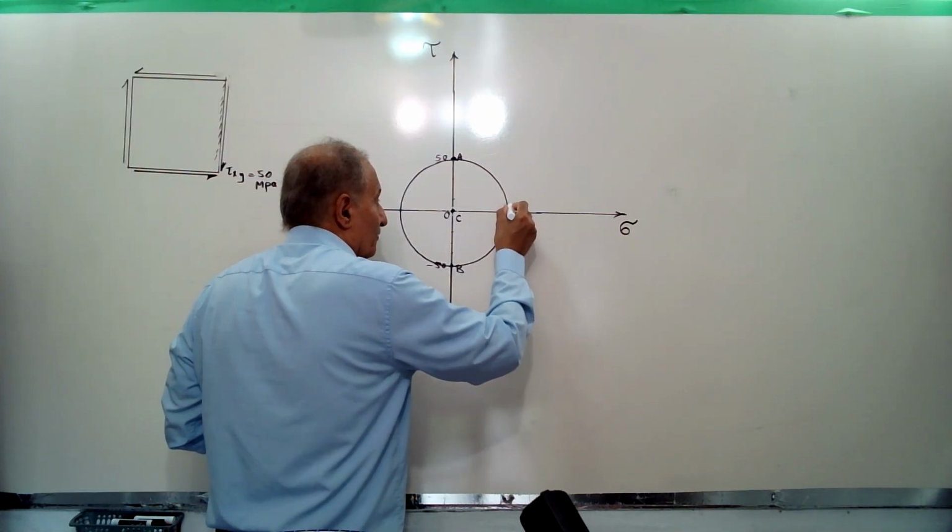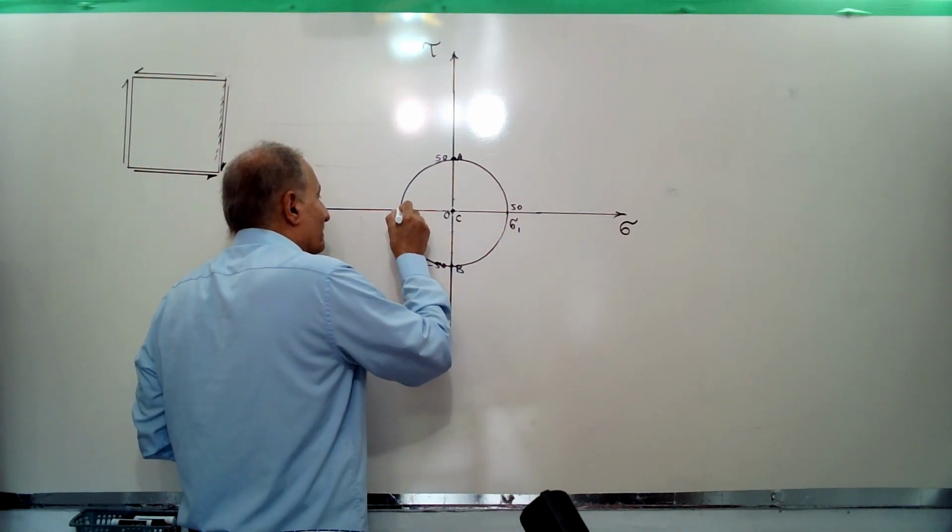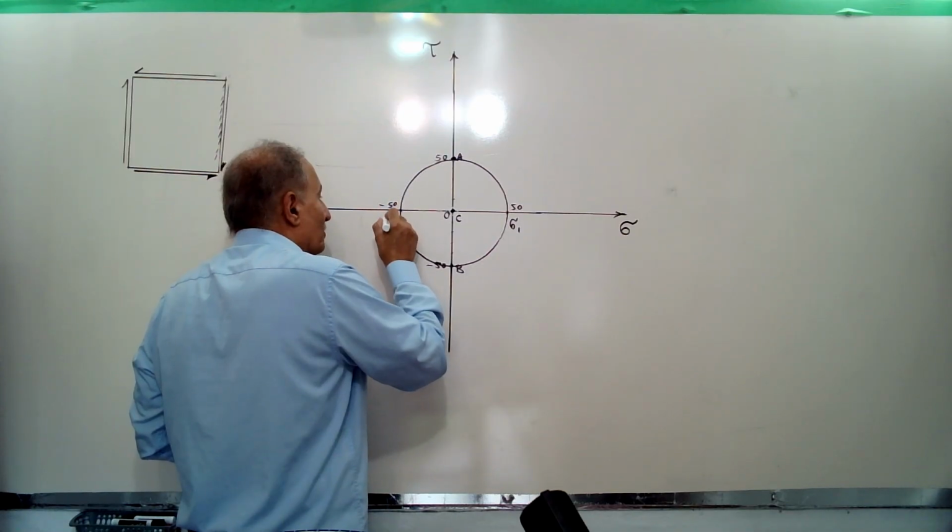This is sigma 1, which is 50, and here minus 50 is sigma 2.